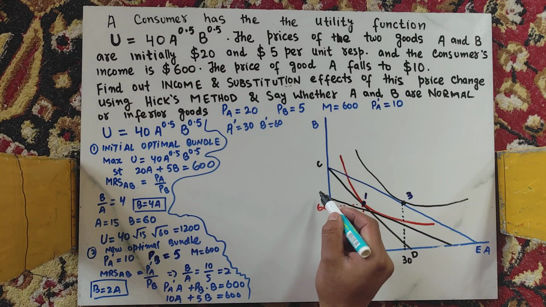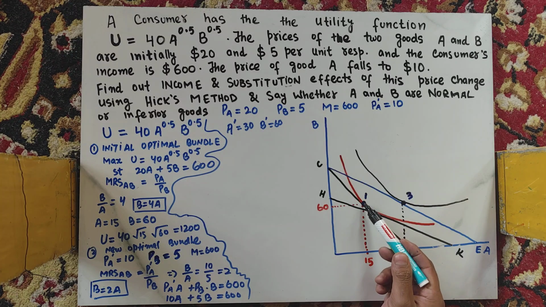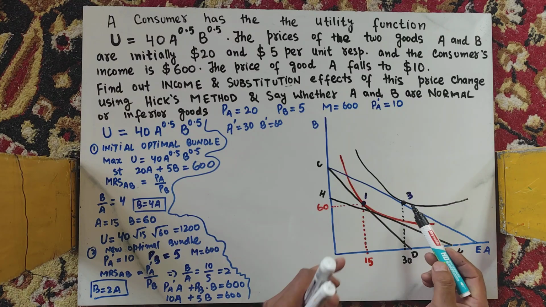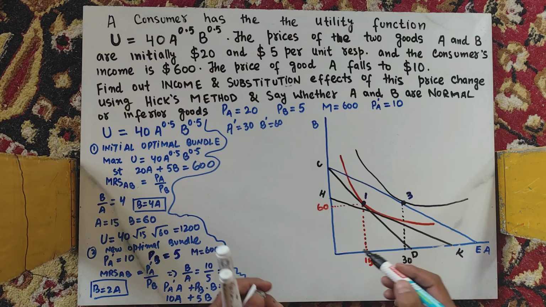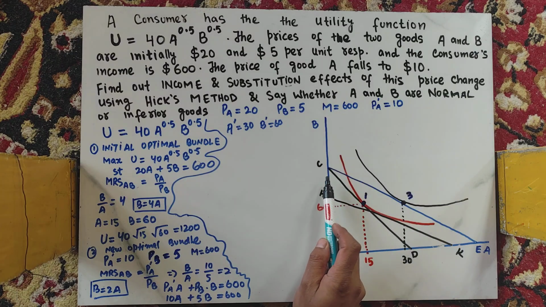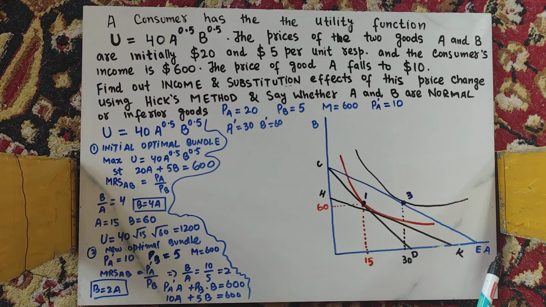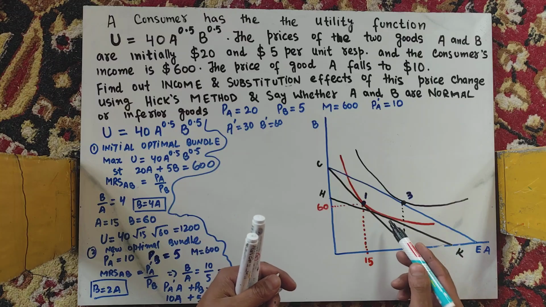Let us call it HK. Initially the consumer was at this point. After the price decrease, the consumer is at this point. This is the total effect. Now we need to decompose the price effect into substitution and income effect. For that, we draw a new line HK parallel to CE in such a way that the consumer's utility remains constant at the new prices.